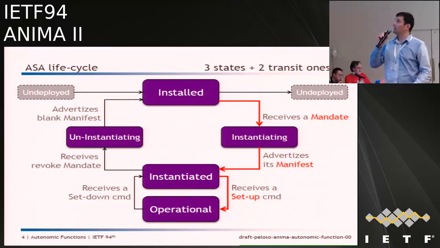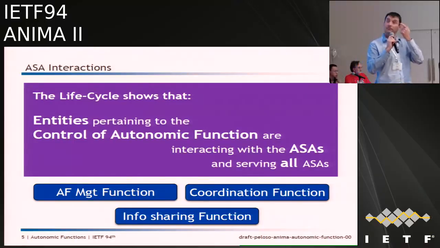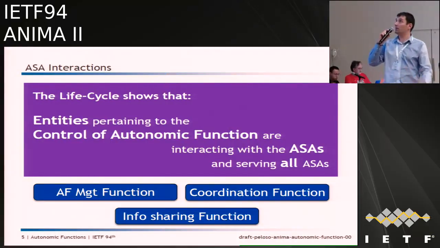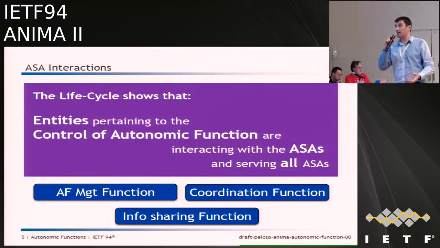Okay, so next slide, please. As we have seen, there are some other entities than ASA in the autonomic ecosystem, in the ANIMA ecosystem, and there are some entities which are controlling these autonomic functions. They are interacting with ASA, so there's something that we could call a NAF, an autonomic function management function.